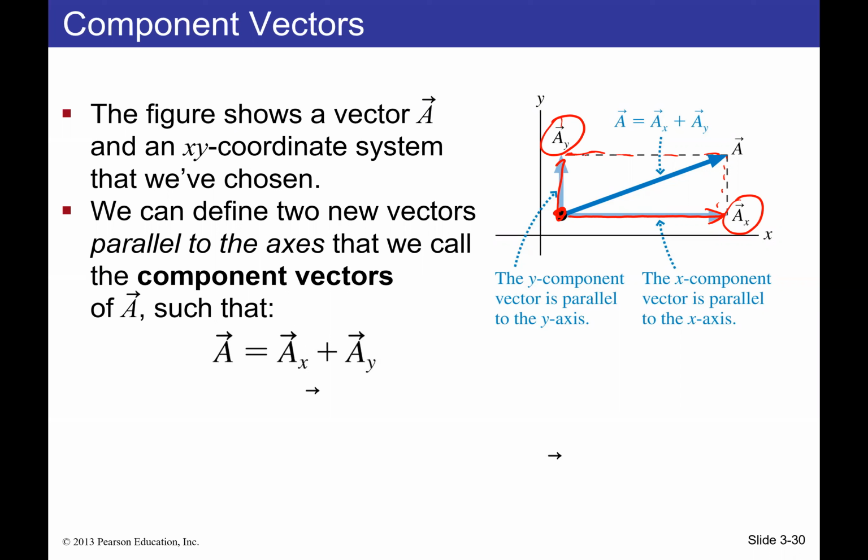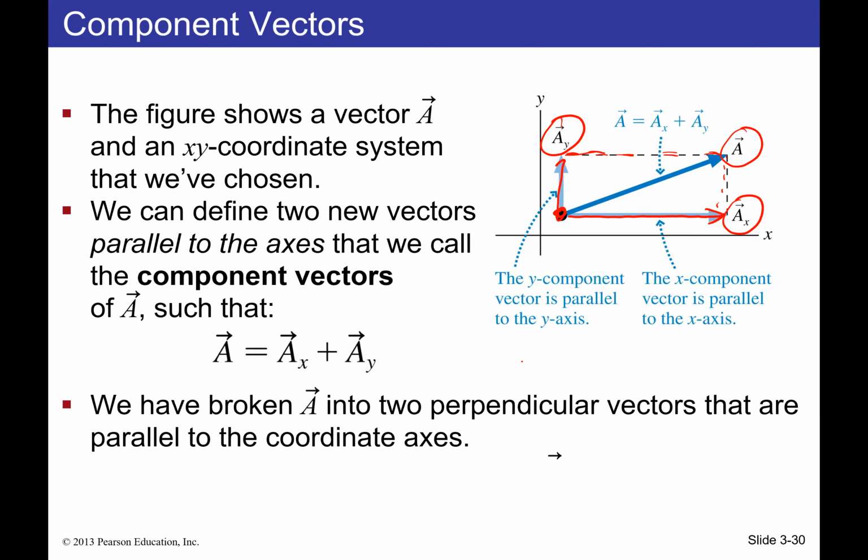If I use those two to construct a parallelogram, then the diagonal line, which ends up being vector A, is nothing but the sum of the X and Y components of this vector A. This is important because if you break vector A down into components, you're creating two other vectors out of this one two-dimensional vector A. But they are related in such a way that vector A is equal to the sum of its components.